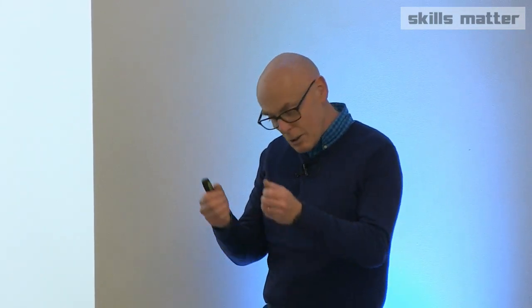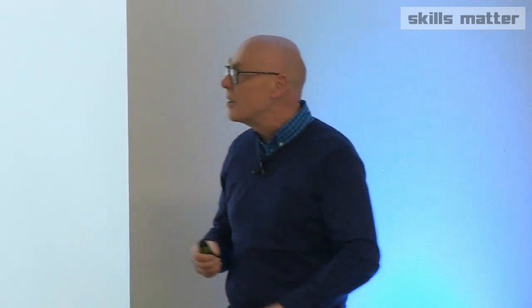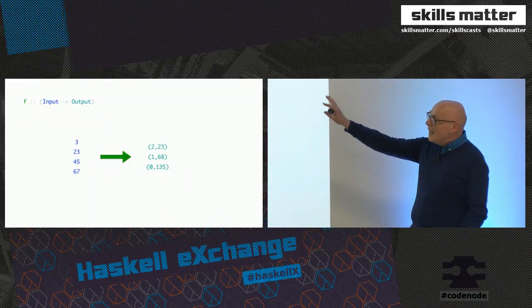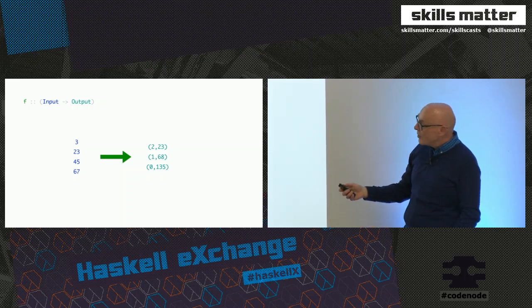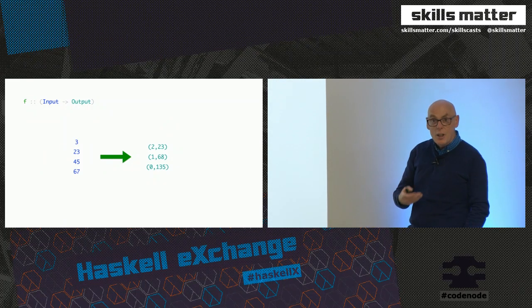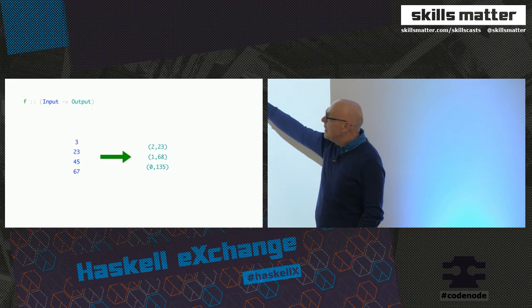Something we teach our first year students, perhaps not in this form, is that the output of a program is a function of its input, a mathematical function. What goes into the program determines what comes out. So, for example, you can see on the left-hand side the inputs to a function, and here are the outputs.